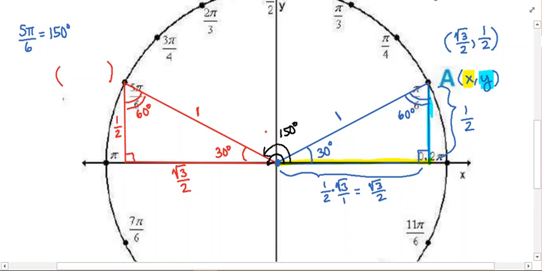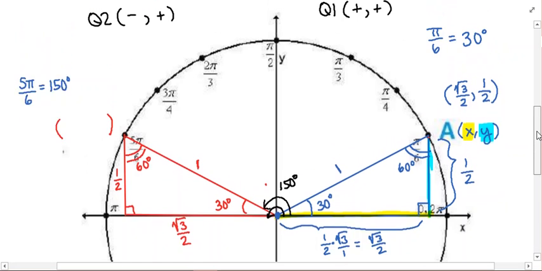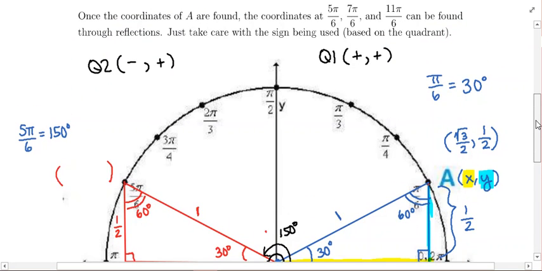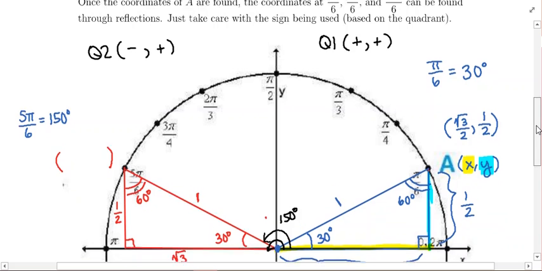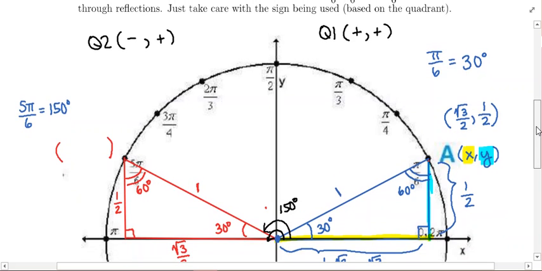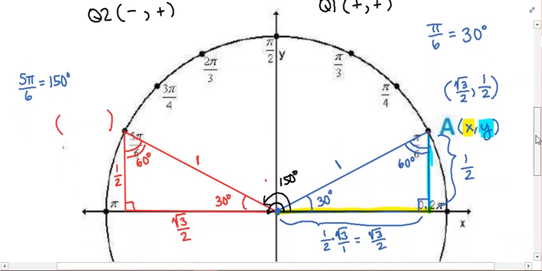If you're traveling along the y-axis in quadrant 2, you're above the x-axis, so you're going to have positive y values. So in quadrant 2, your x values are negative and your y values are positive.